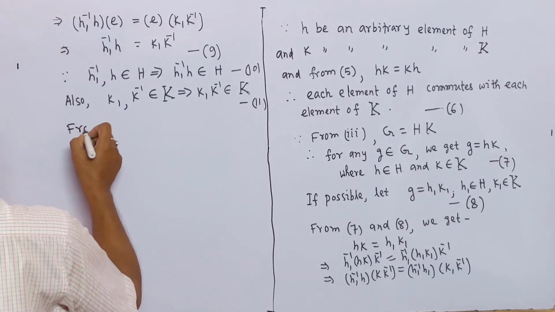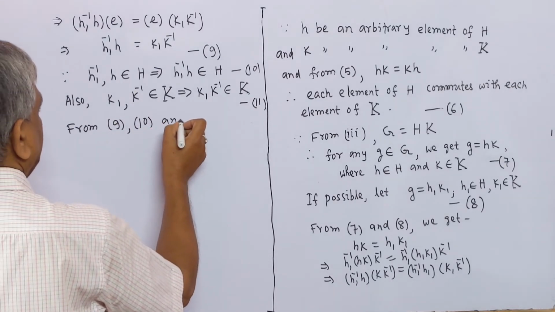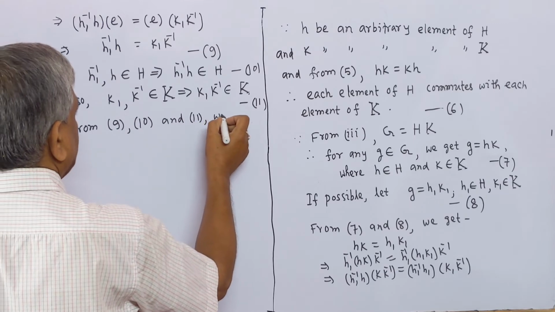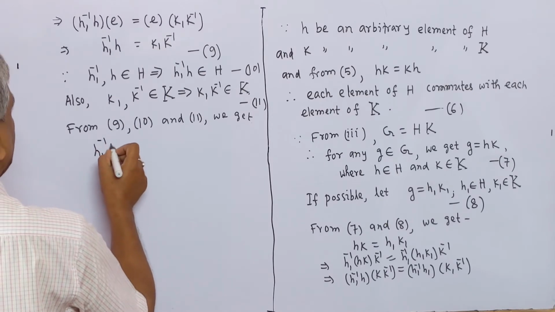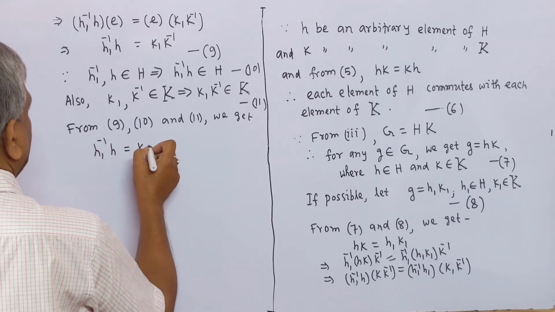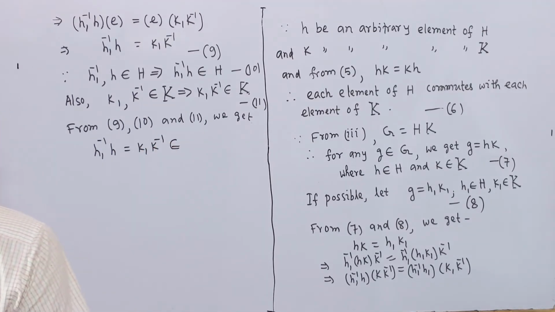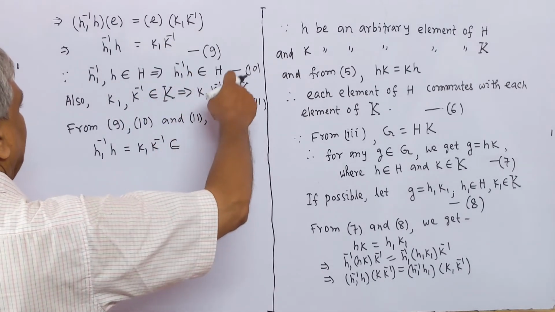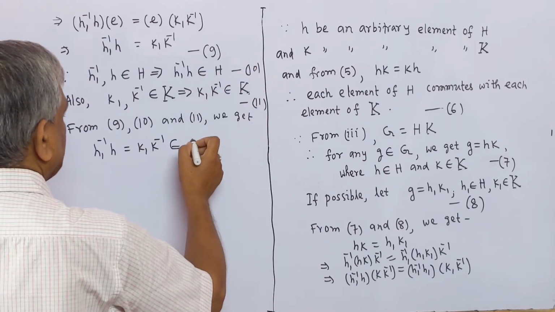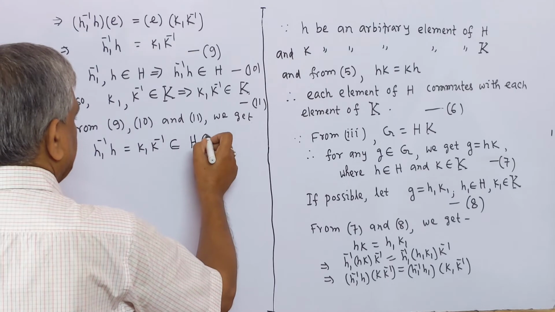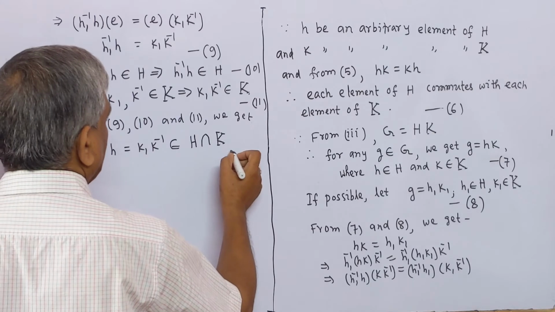From 9, 10 and 11, we get h1 inverse h equal to k1 k inverse. These are the same element and they belong to subgroup H and also to subgroup K. That means they belong to H intersect K. Let this be number 12.